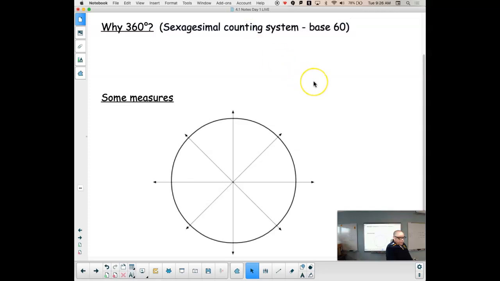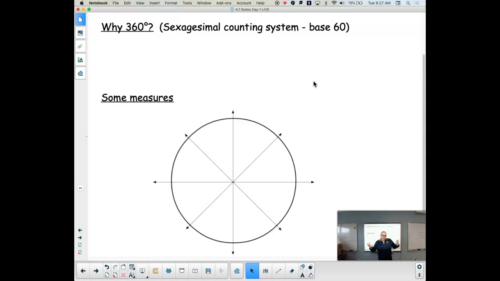Well, it is the sexagesimal counting system, or I don't even know how to say that word, and I'm a math guy, where it's a base of 60. 60 is one of those cool numbers because so many other numbers can evenly divide into it. 1, 2, 3, 4, 5, 6, 10, 12, 20, 30, there are many numbers that can divide into it.